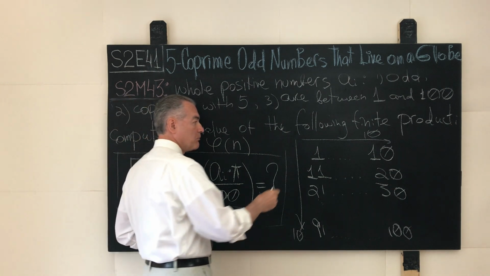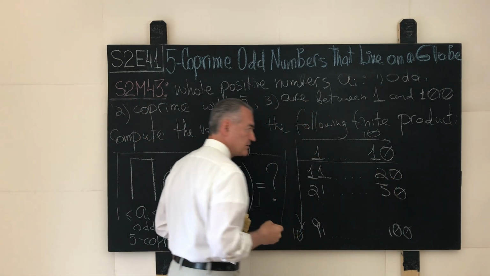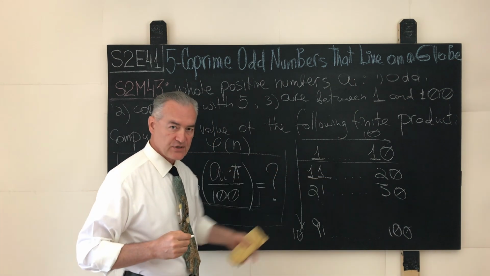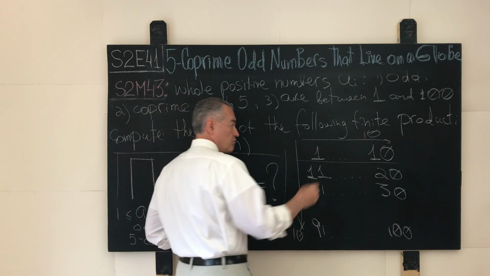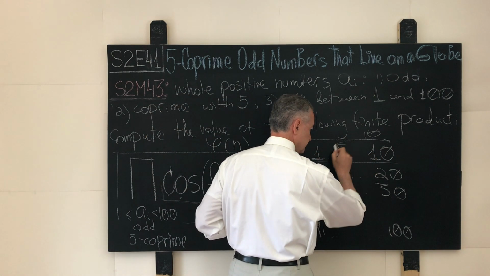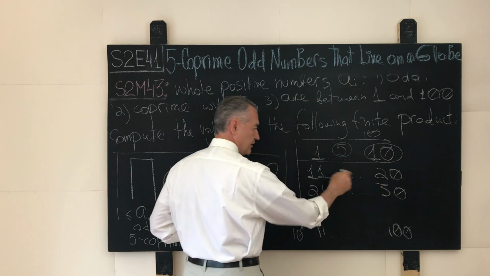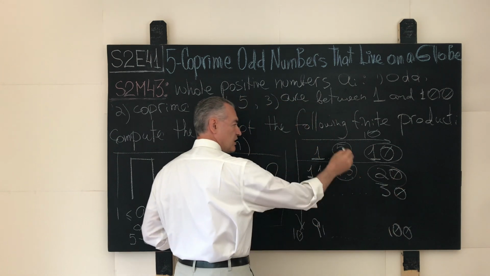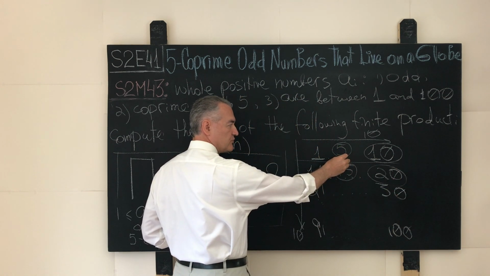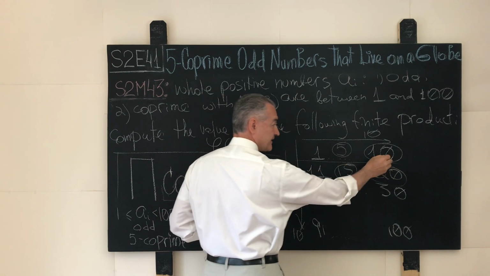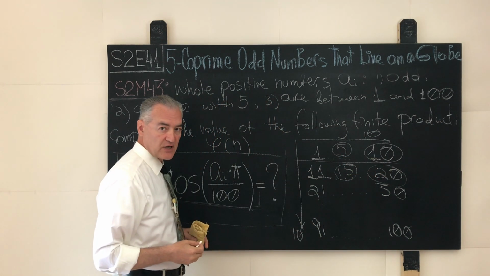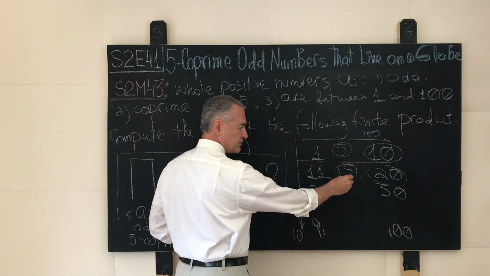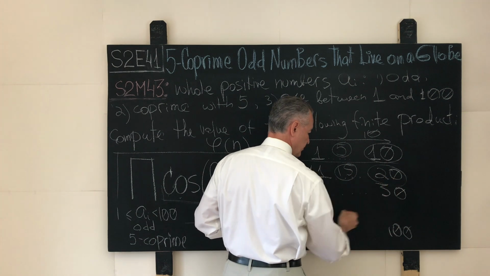Within each block of 10 consecutive whole positive numbers, how many numbers do we have that have 5 in their prime factorization? Well, evidently precisely 2. For example, here we will have 5 and 10. Here we will have 15 and 20. In other words, 5 has the prime factor of 5 in its prime factorization. 10 has the prime factor of 5 in its prime factorization. 15 has the prime factor of 5 in its prime factorization. 20 and so on.